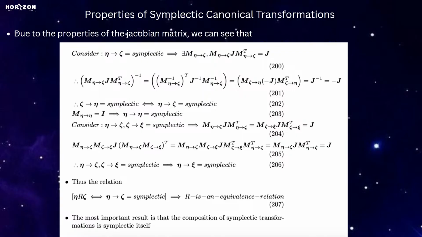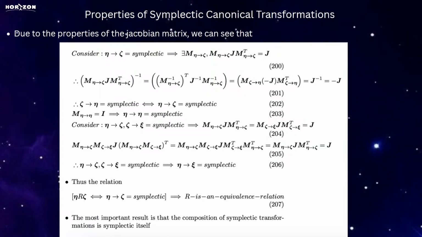And now let's take a broader case. Let's say the transformation from eta to zeta and the transformation from zeta to a new coordinate system are both symplectic. So we have two sets of conditions, M J M transpose equal to J, being true for the two transformations.